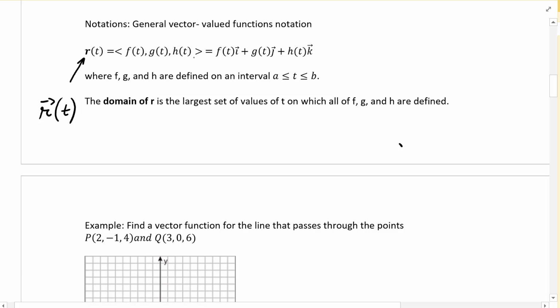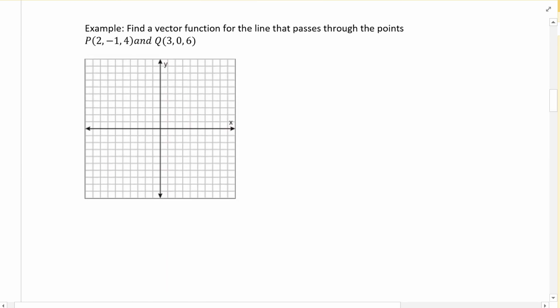So it's f of t, g of t, h of t component-wise, and you can write it using the unit vectors for each axis: f of t i plus g of t j plus h of t k, where f, g, and h are defined on the interval t between a and b, including a and b. The domain of r is the largest set of values of t on which all of f, g, and h are defined. So let's try to solve a problem.